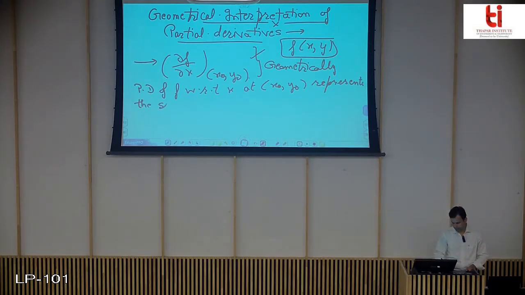We have done this before, but now we will be taking the figures and seeing what it actually is. It represents the slope of the tangent to the curve f(x, y0).